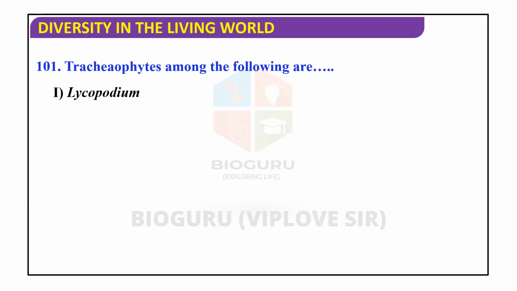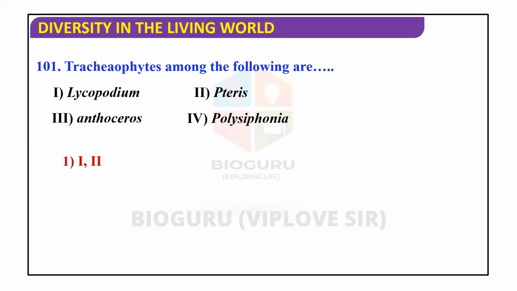Tracheophytes among the following are Lycopodium, Pteris, Anthoceros, Polysiphonia. Options are 1 and 2, 1 and 3, 2 and 3, and 3 and 4. Yes, the right answer is 1 and 2, Lycopodium and Pteris.